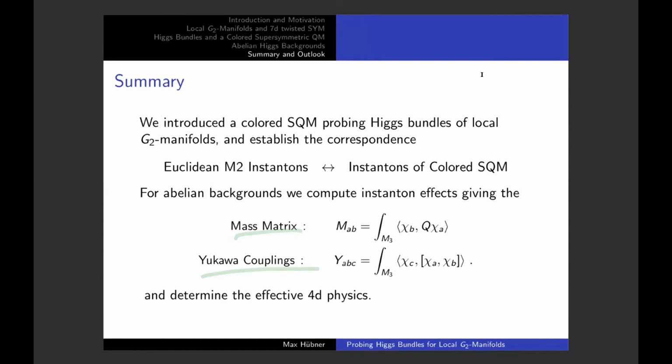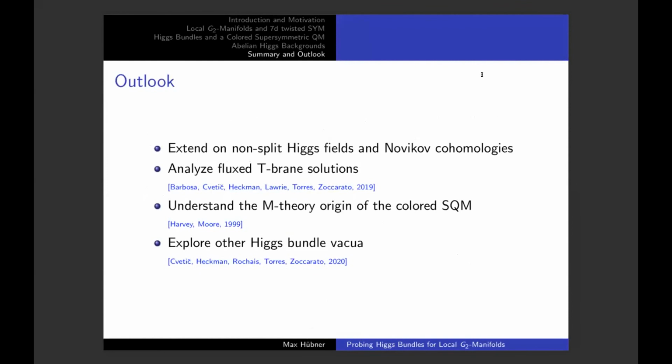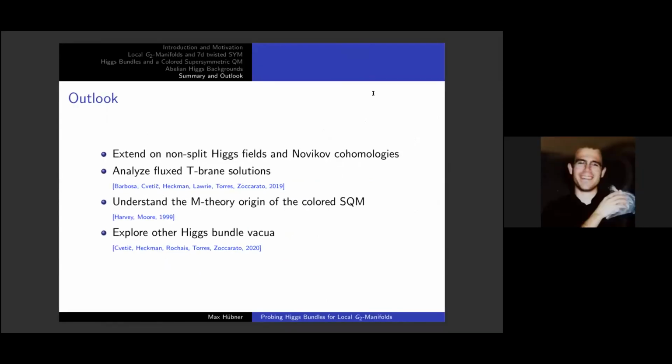So before I end, let me give you an outlook on what is left to be done. First of all, the quantum mechanics takes a Higgs bundle and then tells you which cohomology groups determine properties of the 4-dimensional physics. It is not useful to engineer such a Higgs bundle, and it is of limited use in computing the cohomology groups.